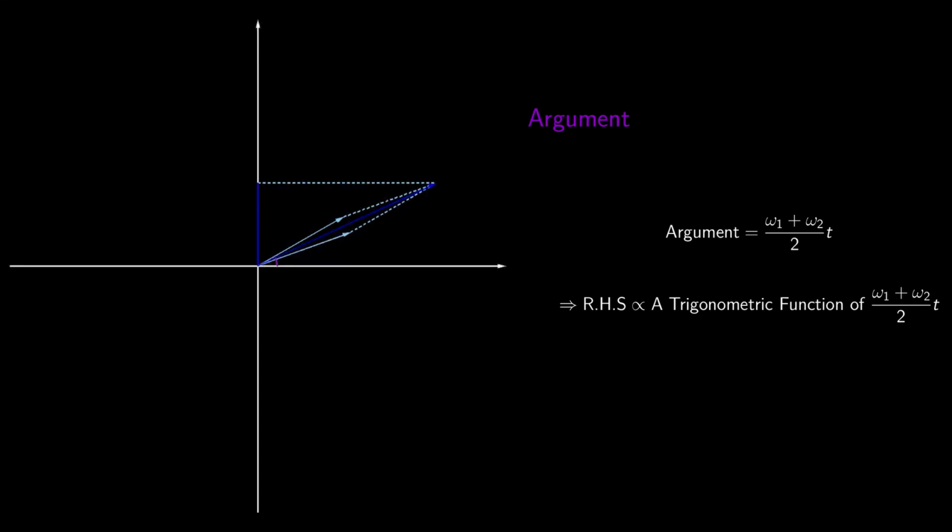Then, what can we say about the modulus? We know that it is maximum when the two initial phasors are aligned, and it is minimum when they are opposite. Therefore, we would expect the modulus to go through a full cycle each time the faster phasor catches up with the slower phasor by one full circle, which would give us a dependence on (omega1 minus omega2) t.